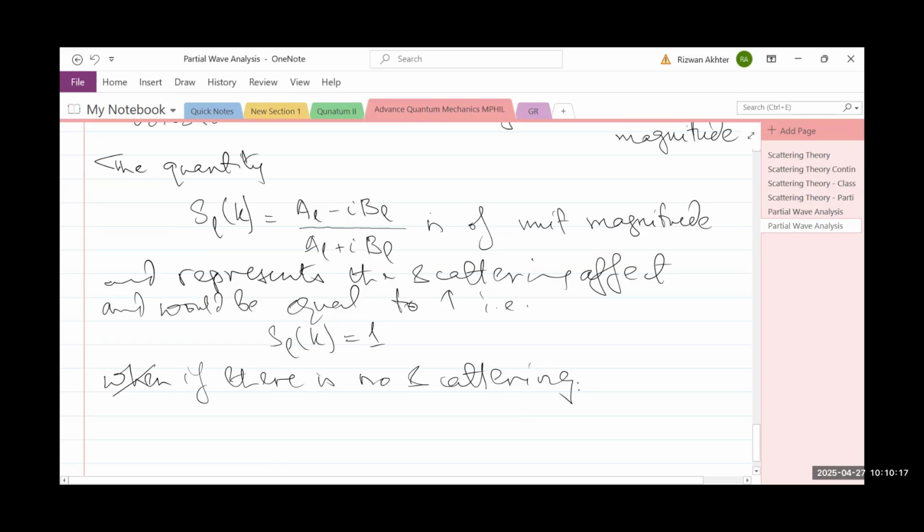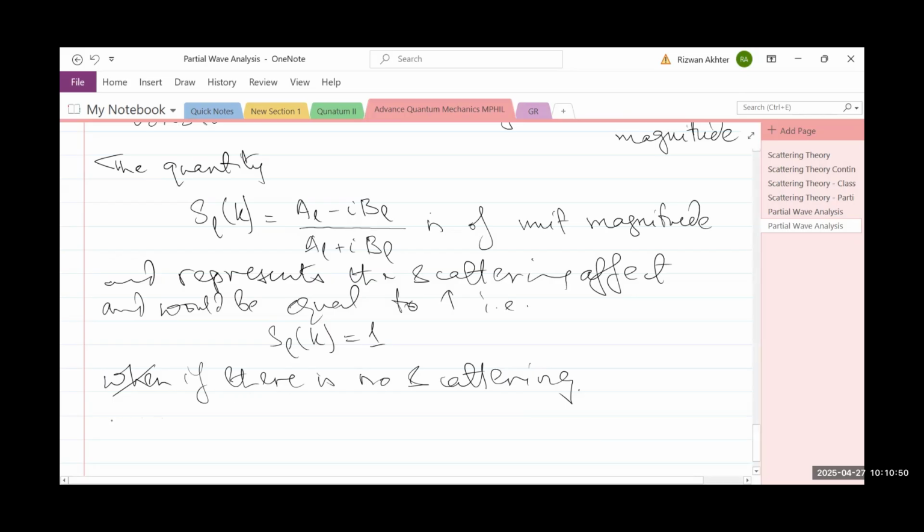So it's a deviation from one, and the deviation from one, if there is some scattering present, would show the scattering effect. And as I told you before, it is also called the scattering matrix or S matrix, and it is typically related in terms of some phase shift. That is, there is a change in the phase angle.